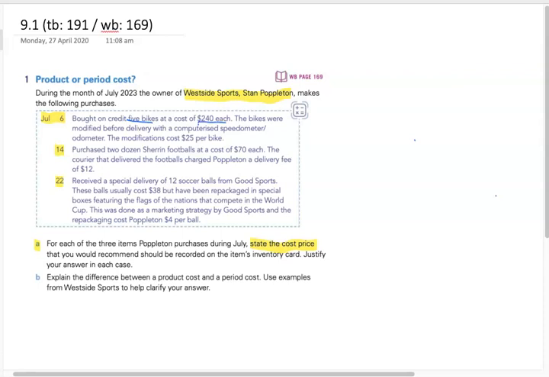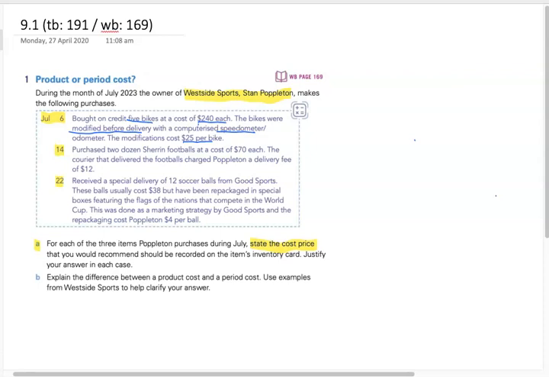The bikes were modified before delivery to put a computerized speedometer on. So we've bought bikes for $240 and we've added a speedometer onto the bikes, which would then presumably tell the rider how fast they are going to ride. Each modification costs $25 per bike.